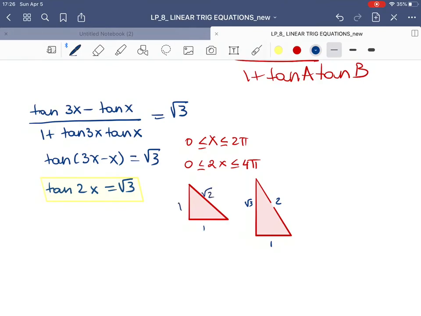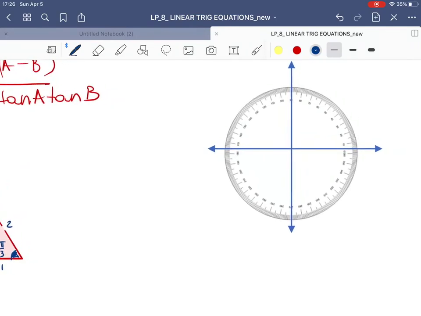And 1, 2, root 3. So the tan with root 3 would be this one here, root 3 divided by 1. So it looks like we have a special angle here. And the special angle is pi over 3. So we're going to go ahead and draw the angle pi over 3 again, or 60 degrees.